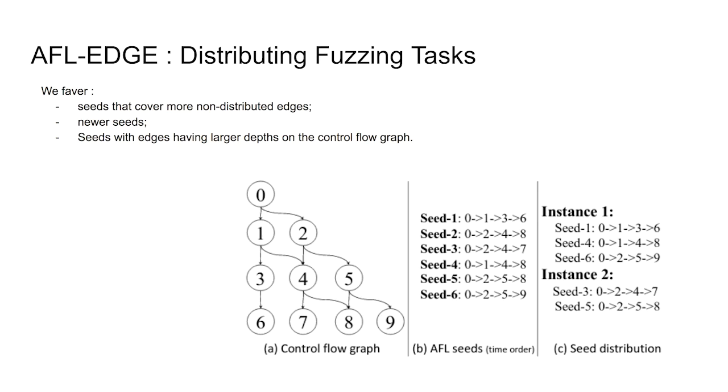We design a greedy algorithm to provide edge coverage-based task distribution. We aggregate the edges into a topo-sorted CFG. We select the seed that covers the maximum number of the edges remaining on the CFG. If multiple seeds satisfy this condition, we will pick the youngest one.